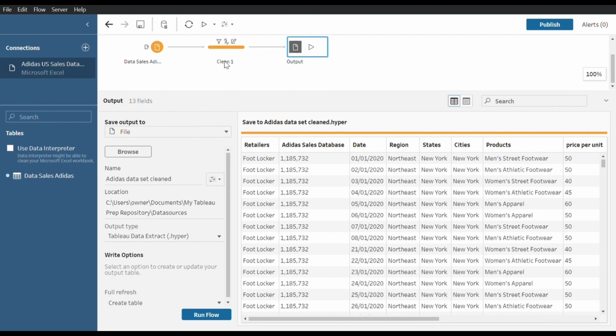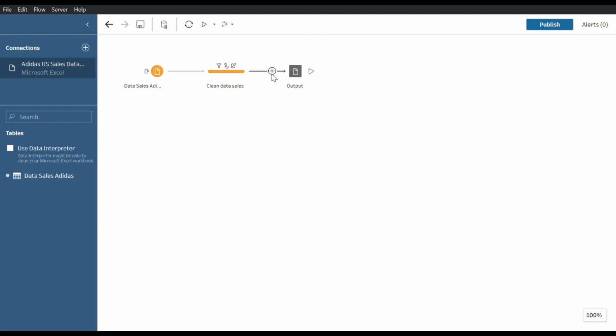And also we can rename this section, and we can just say clean data sales something. Yeah, then we can save. So that's it for the data cleaning and transformation.